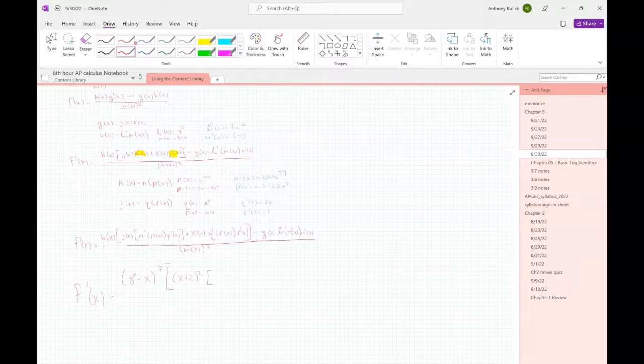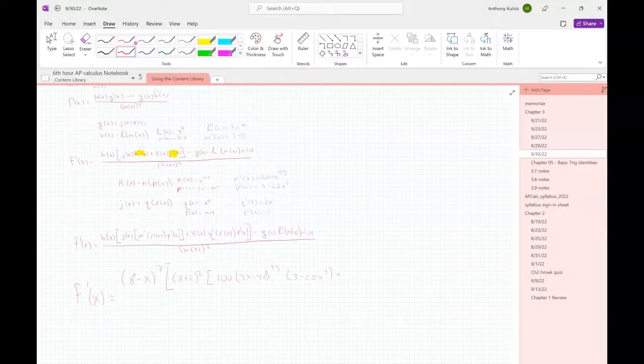N prime was 100 something to the 99th. The p of x that's plugging into that is 3x minus 4x to the 5th. And then p prime of x is 3 minus 20x to the 4th, plus.